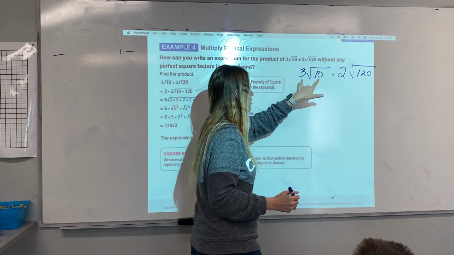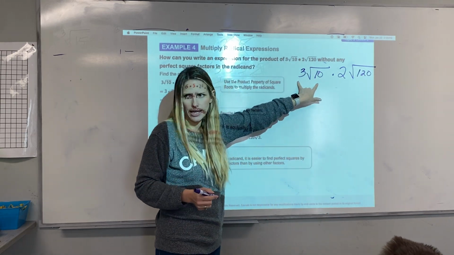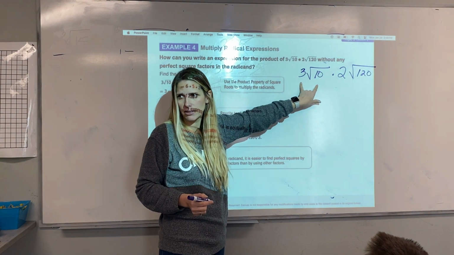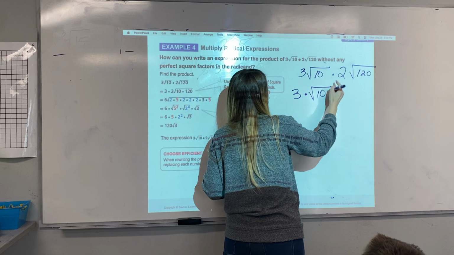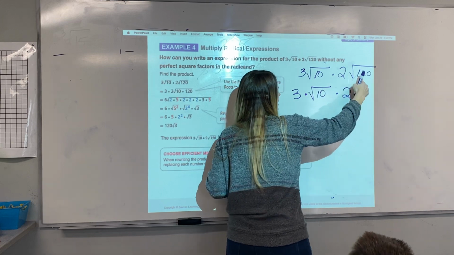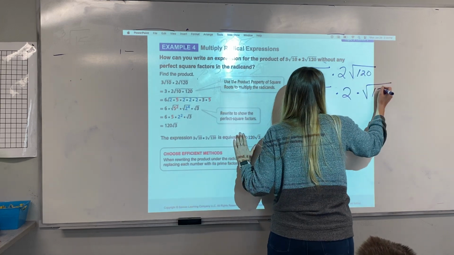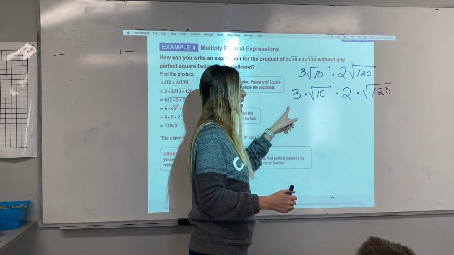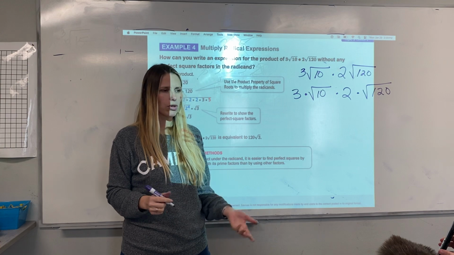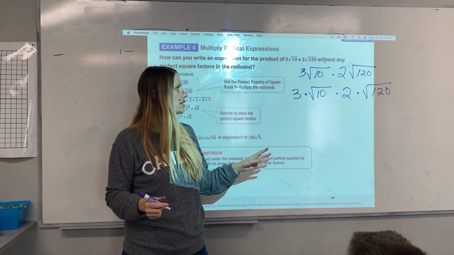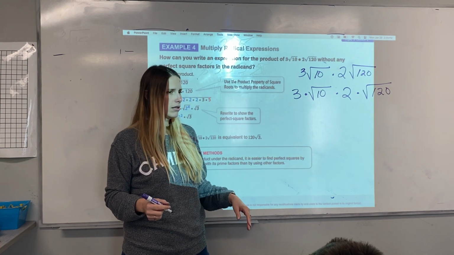Do you agree that this 3 being next to the radical 10 is saying that 3 is being multiplied times radical 10? Yes. Okay, so 3 times radical 10 times 2 times radical 120. Do you agree that the commutative property of multiplication says that I can multiply these in any order?